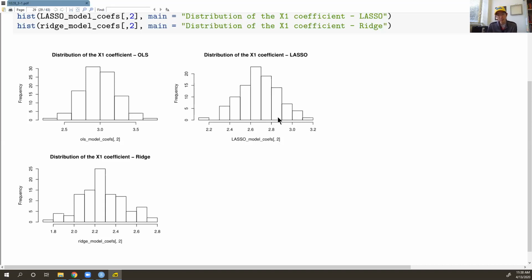Again, because of random noise, sometimes it estimates as high as 3.2, sometimes as low as 2.3, or 2.2, which happened once. And this is the distribution of the x1 coefficient under ridge regression, and we can see it's also biased. It's not centered at 3; it's centered somewhere lower, like 2.2. But the variance on these coefficients is a little bit less as well.